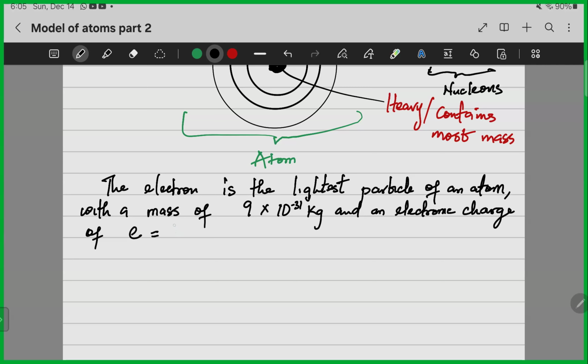But in terms of magnitude, the number is 1.6 times 10 raised to power minus 19. Most times we just ignore that negative, because this is the magnitude of the charge. So that's the mass and that's the charge for the electron.